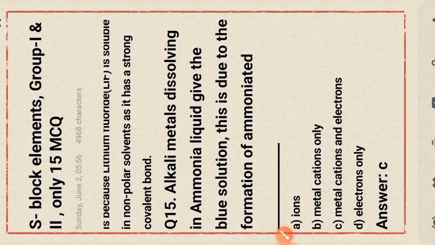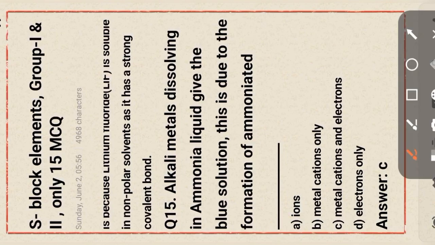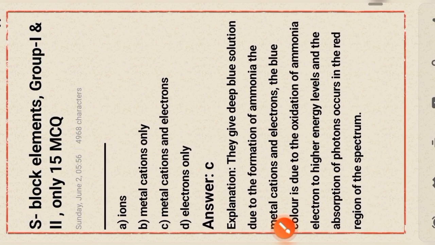Alkali metals dissolving in liquid ammonia give a blue solution. This is due to the formation of ammoniated metal cations and electrons, that is option C. Now discuss this part.